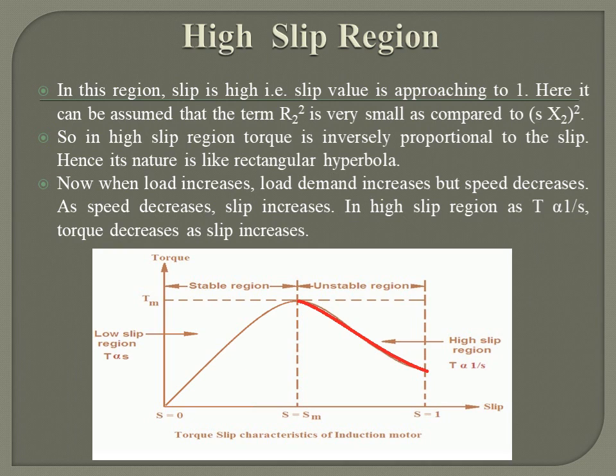Over here the red line indicates the high slip region, and the torque is inversely proportional to the slip. So as you increase the slip, the torque decreases. Now when load demand increases, the speed decreases. As the speed decreases, the slip increases. So in the high slip region, torque is directly proportional to 1 by s. Torque decreases as the slip increases.